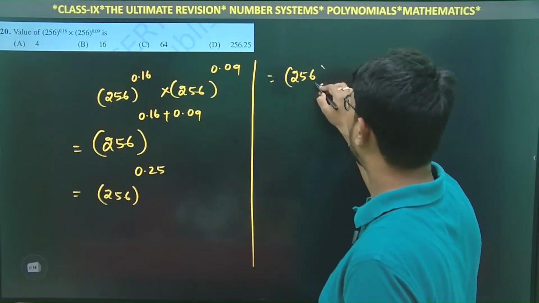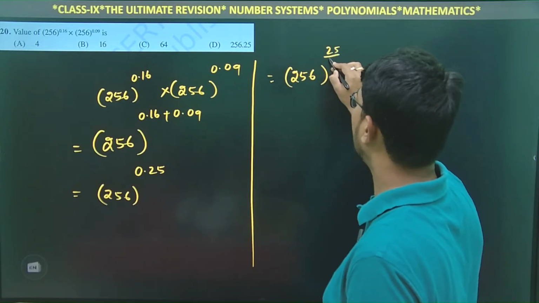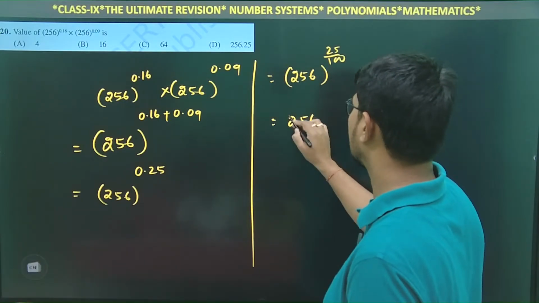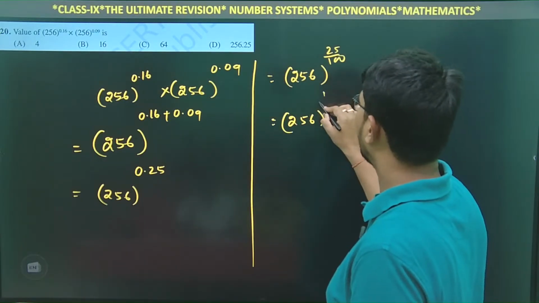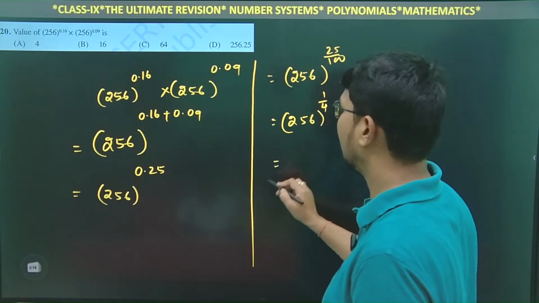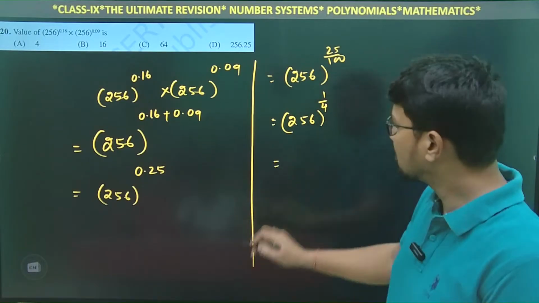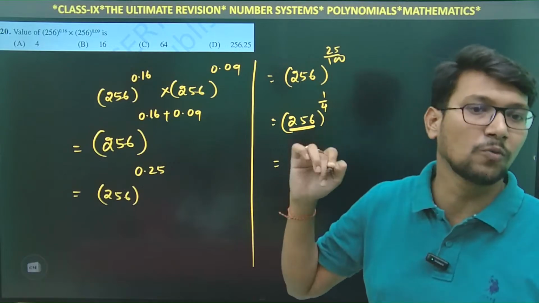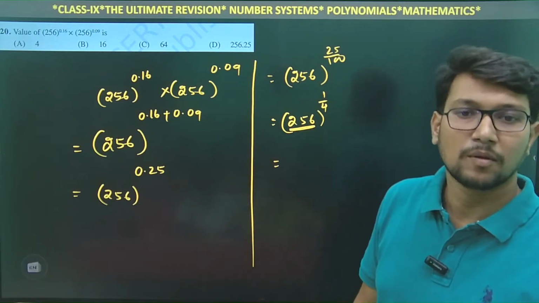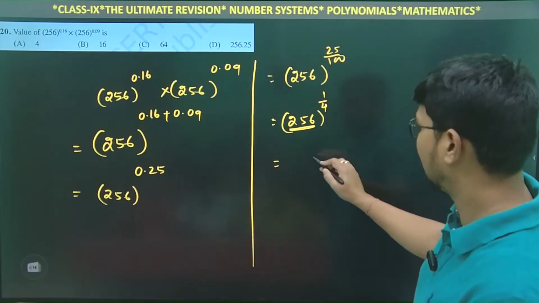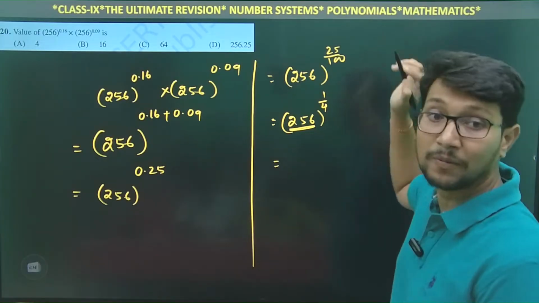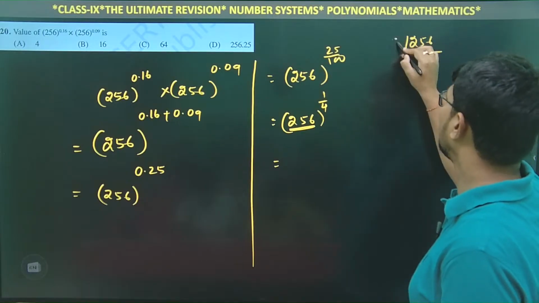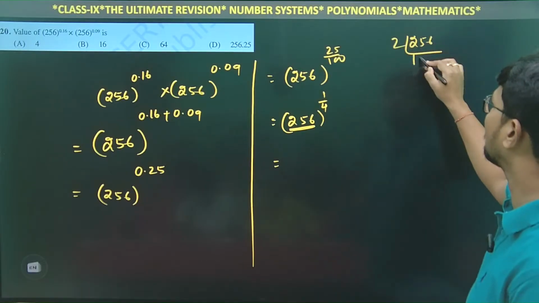256 whole to the power 25 by 100. So therefore 256 to the power 1 by 4. So 1 by 4 means what? Fourth root. So let us first simplify 256. Always you simplify with prime numbers, right? 256 divided by 2 gives 128, 64, 32, 16, 8, 4, 2.